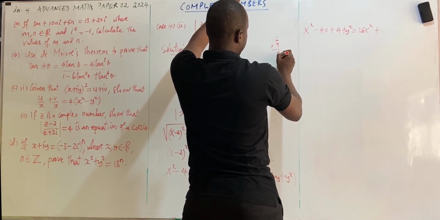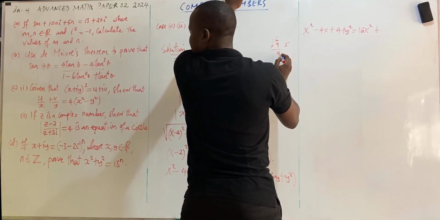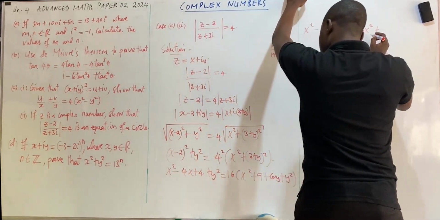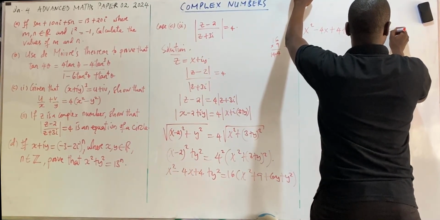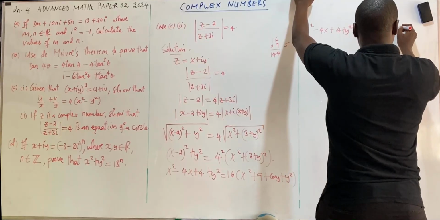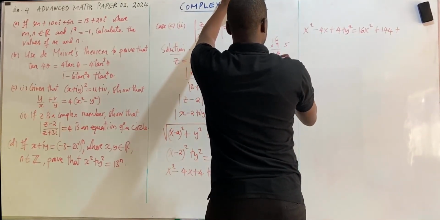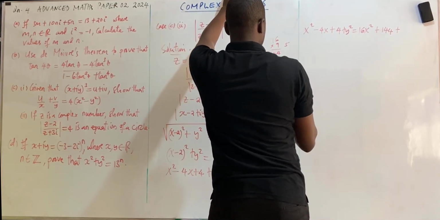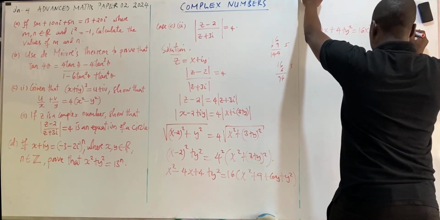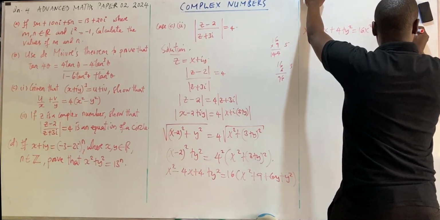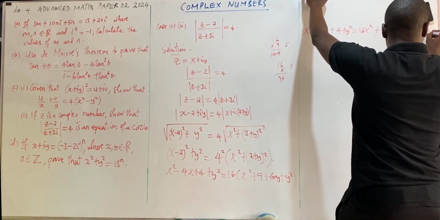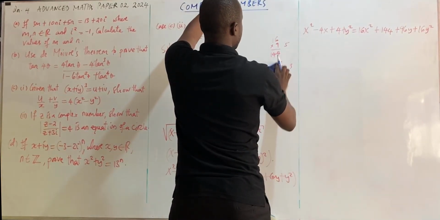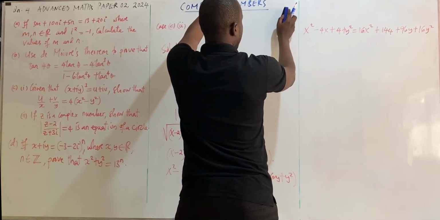So here we get 144. Now we add 16 times 6, so it's 96y. Now we add 16y square. So that's the terms that we are supposed to get.